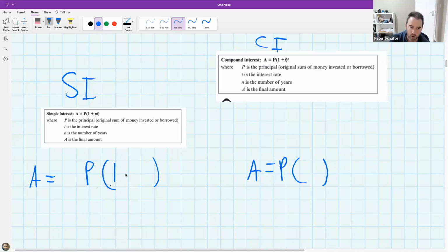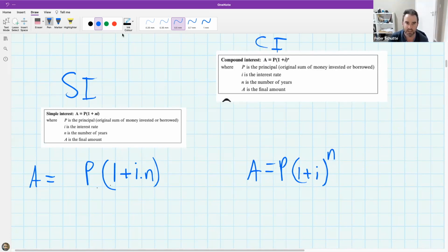And what we have here for simple interest is 1 plus I times N, where N is the number of years or time period, I is the interest rate per time period, and then that's a 1, and there's that there. Whereas compound interest has an N that's an exponent.